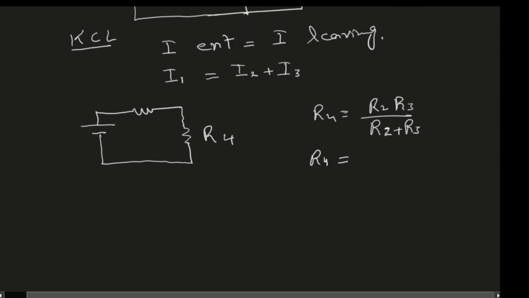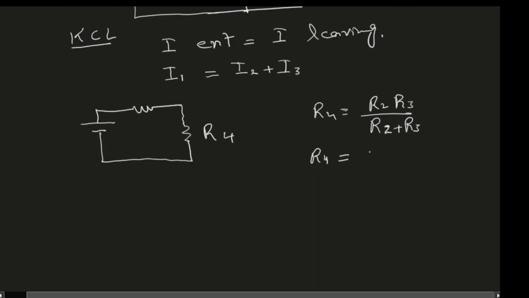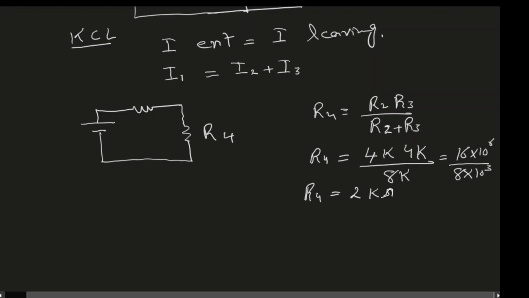So R4 will be equal to, R2 and R3 are both 4 kilo ohms, so we have 4 kilo times 4 kilo divided by 4 kilo plus 4 kilo, which is 8 kilo. So that is 16 times 10 to the 6 divided by 8 times 10 to the 3. And therefore R4 is equal to 2 kilo ohms.